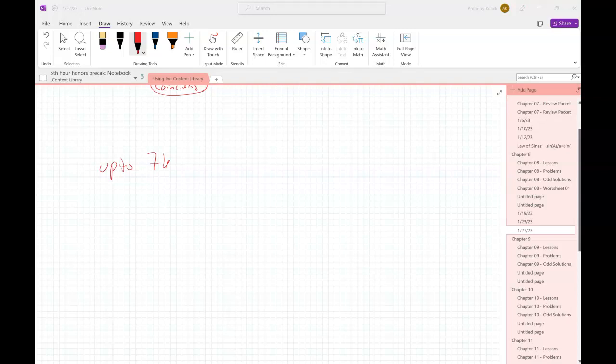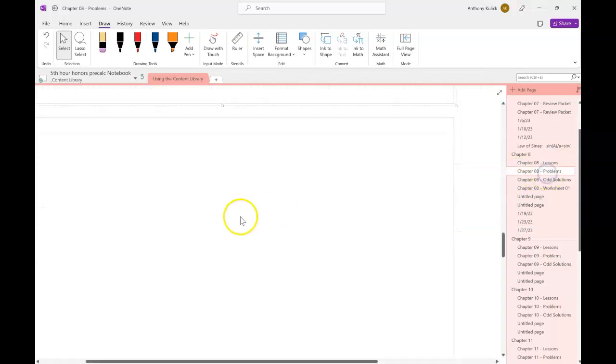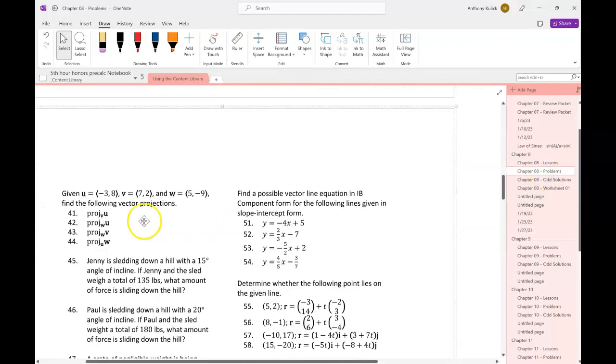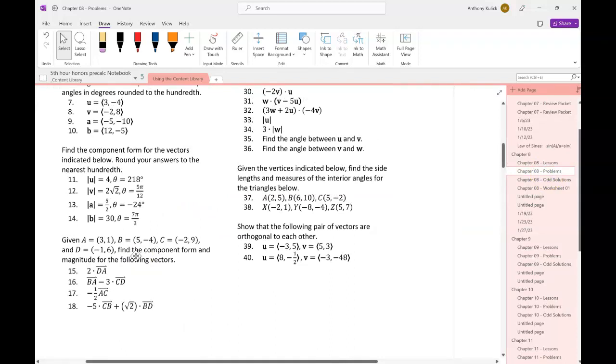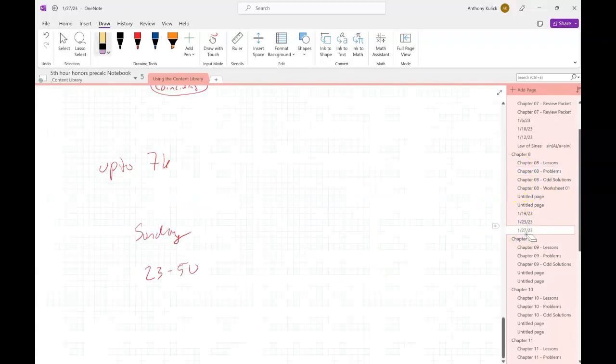So let's take a pause here and talk about what's due, right? So Sunday, I think I have 23 through 50 written down, but I don't like that because it wouldn't give you a chance to ask about this projection stuff. So let's just make that 23 to 40 for Sunday.